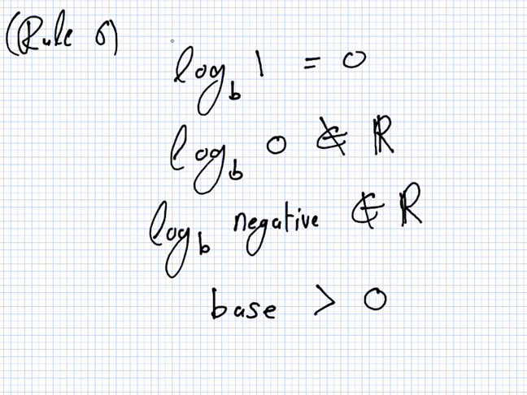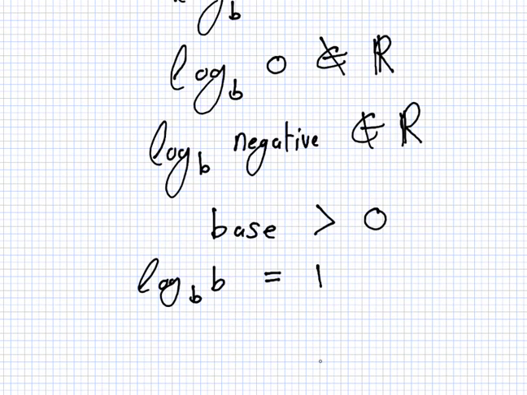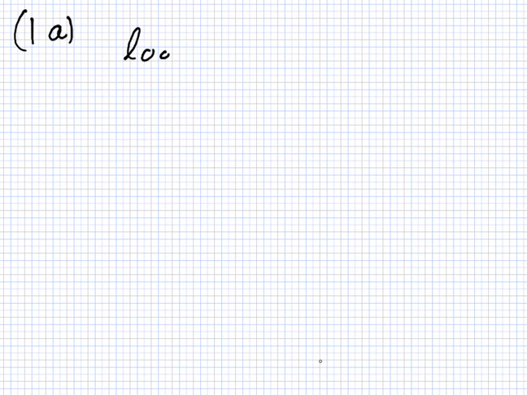So my first example, sometimes some books add this in as well. Log b b, what does that equal? 1. b to the power of 1 makes b, so log b b is 1. Okay. So just some quick examples to start. What's log 3 3? 1.